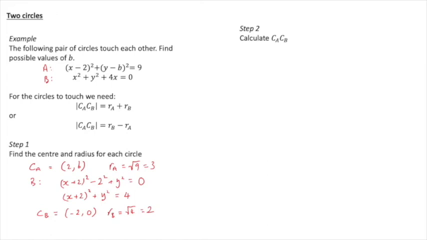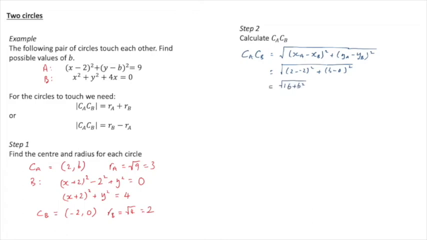We can now calculate the distance between the centres, and so we use ordinary coordinate geometry, difference between the x's squared plus the difference between the y's squared, all square rooted. That gives us the square root of (2 minus minus 2) squared plus (b take away 0) squared, which is 16. So that's the 2 minus minus 2 is 4, squared is 16, plus the b squared.